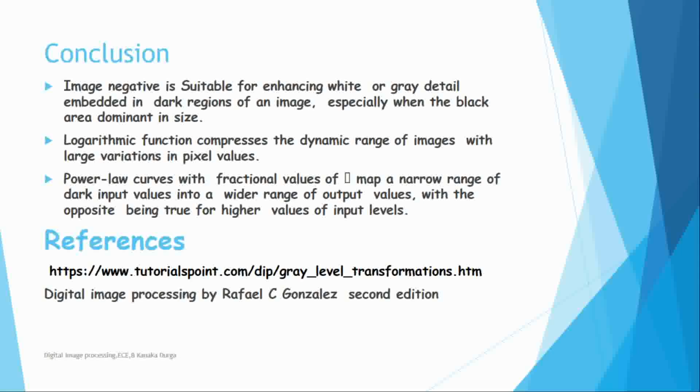Whenever we have to remove noise, we have to go for the identity function. Next is the logarithmic function, which mainly compresses the range of the intensity values. When the image has been taken with a higher intensity range but the display device has a lower intensity range, we have to compress the values. At that time we go for the logarithmic function.